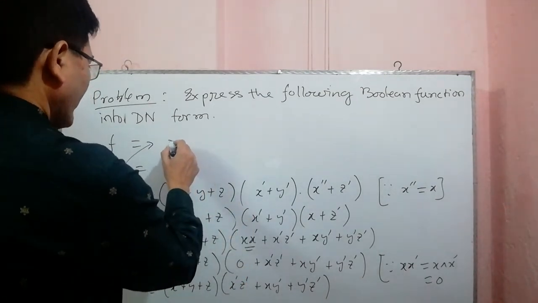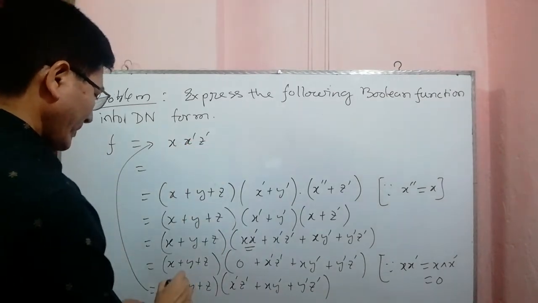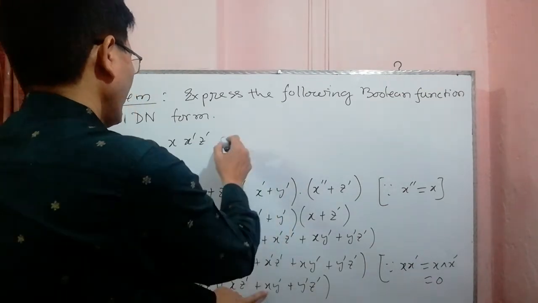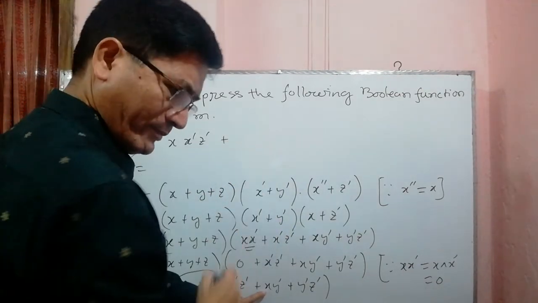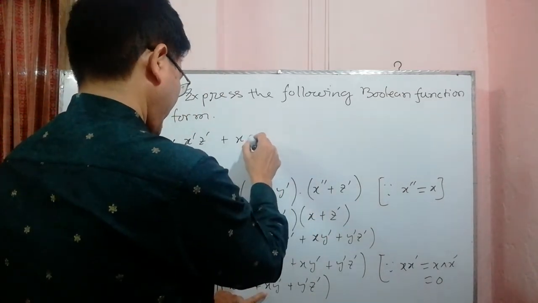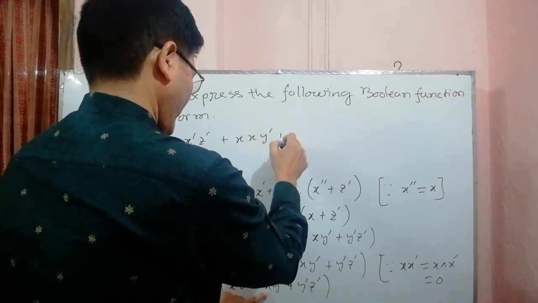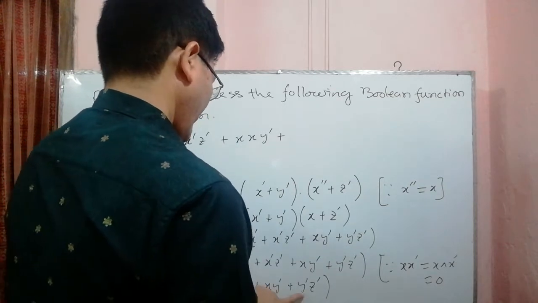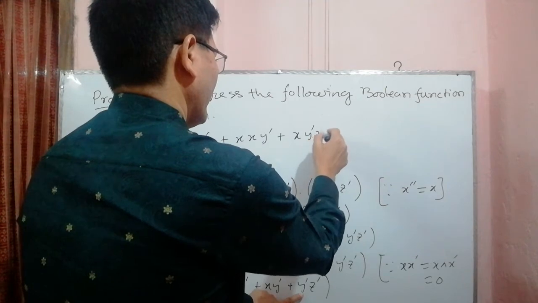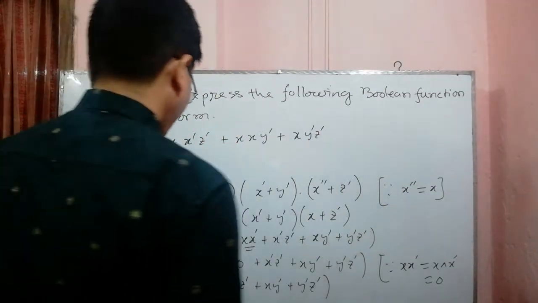x prime and z prime, we are multiplying with this term, x prime z, plus x y prime, plus x y prime z prime.